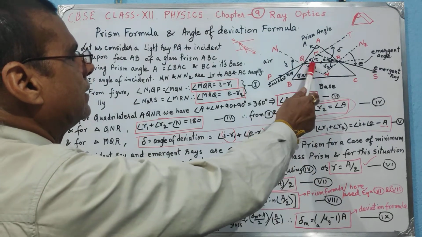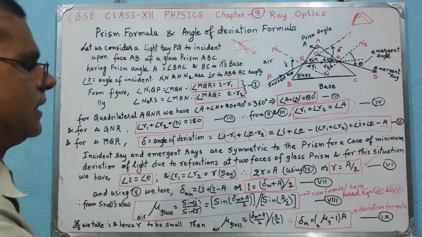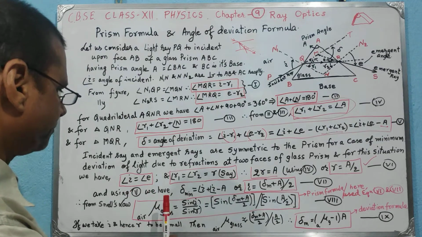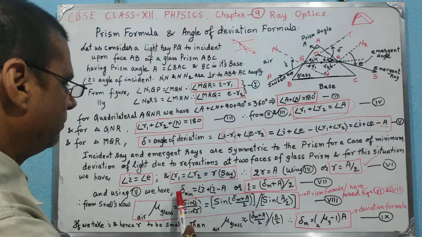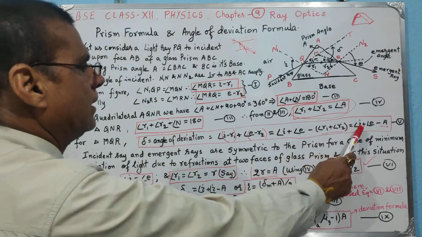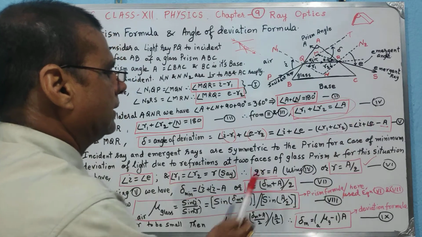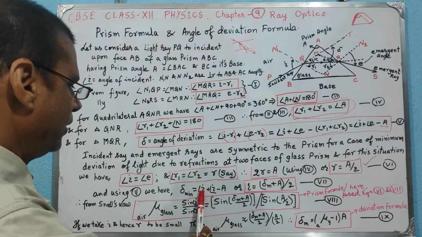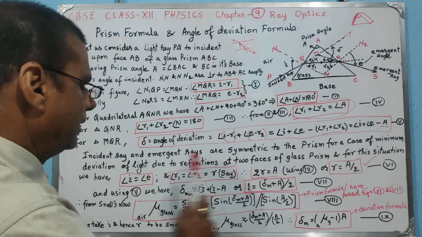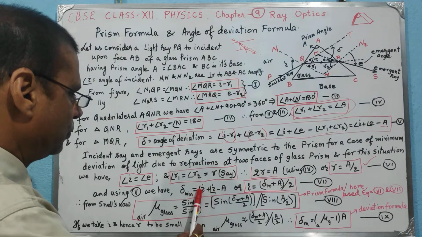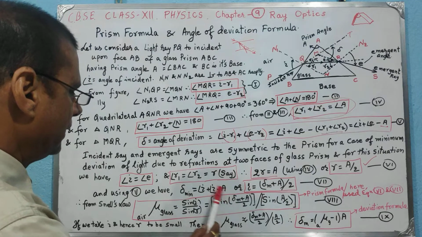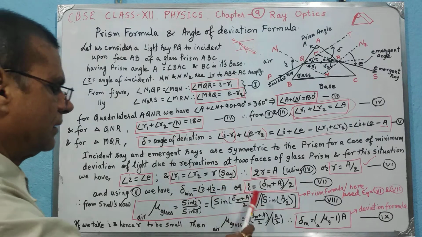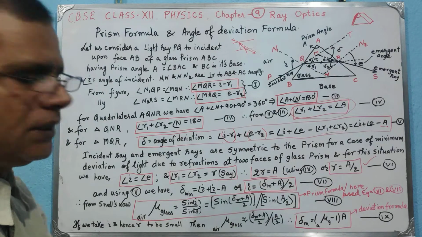The angle of refraction at the time the light ray enters the glass prism, and again we have I equal to E. So for angle of minimum deviation, we have delta equal to I plus E, that means I plus I minus A, and so we have delta M equal to 2I minus A. You see I plus I becomes 2I, and changing sides, 2I equals delta M plus A, and therefore I equals delta M plus A whole divided by 2.